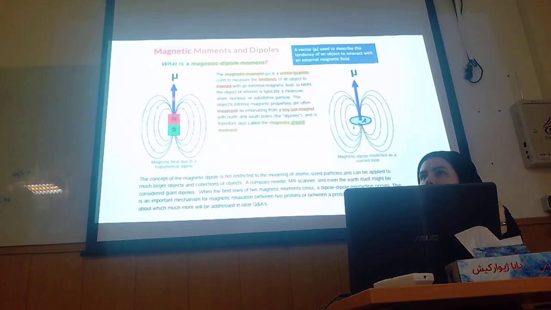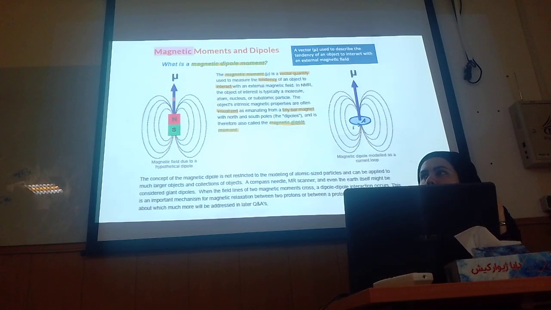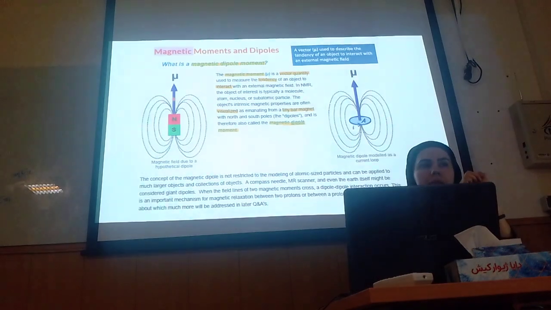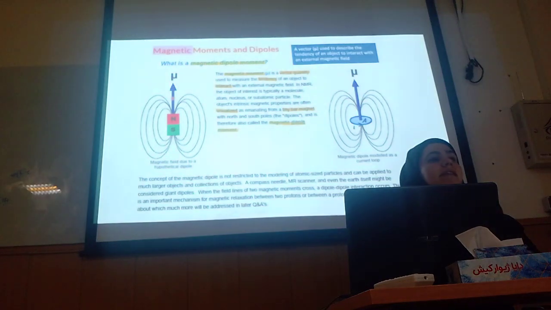Magnetic momentum defines the interaction of a particle with the external magnetic field. If a particle has magnetic momentum, it can interact with the external magnetic field. Each nucleus has a spin and a magnetic moment, which is a vector quantity.